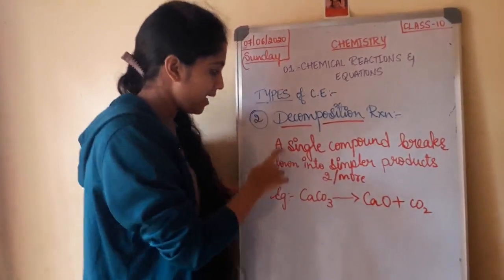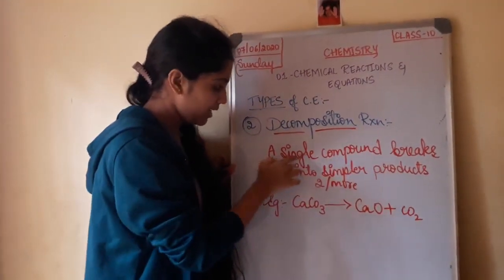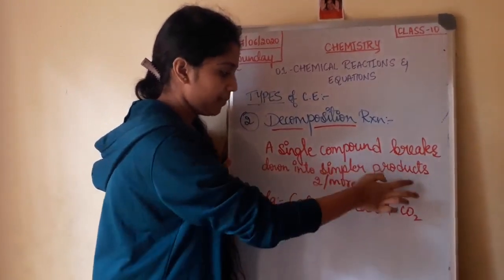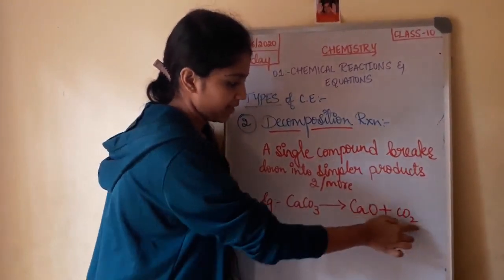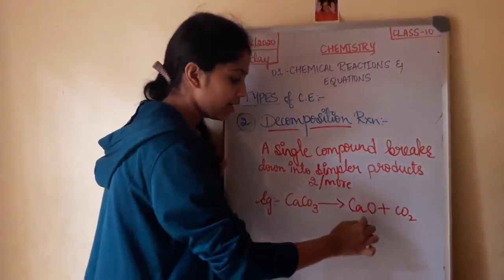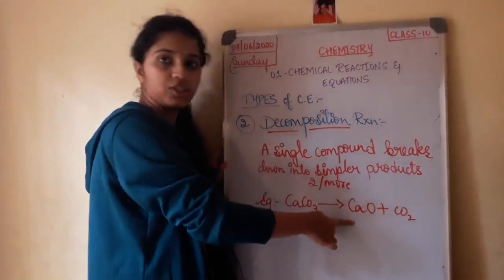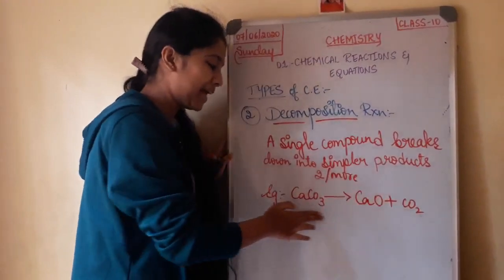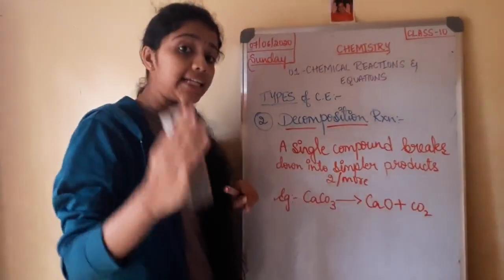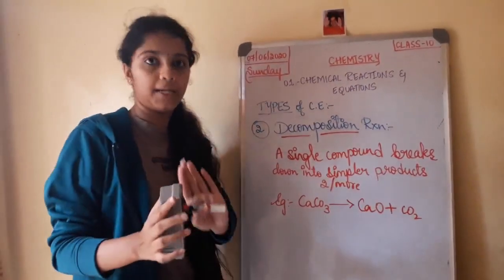Here, a single compound breaks down into simpler products, two or more simpler products. This one thing got broken down into two. This is a decomposition reaction, and it is a very basic decomposition reaction. Also, there are three subtypes of decomposition reaction.